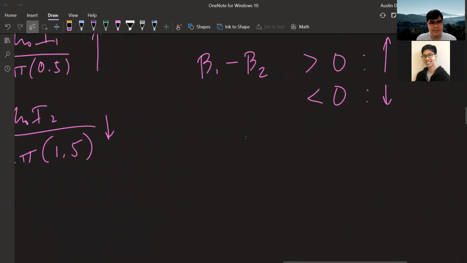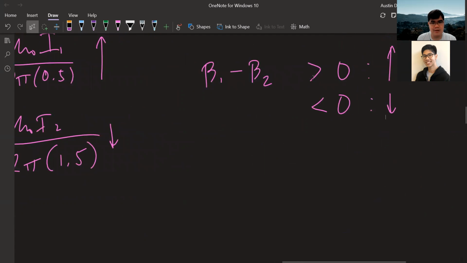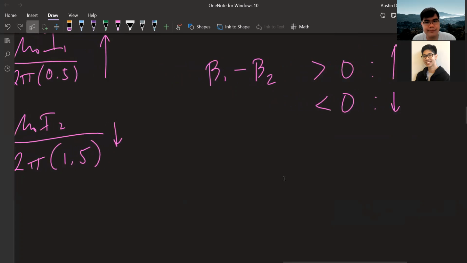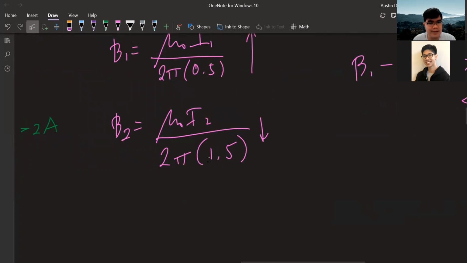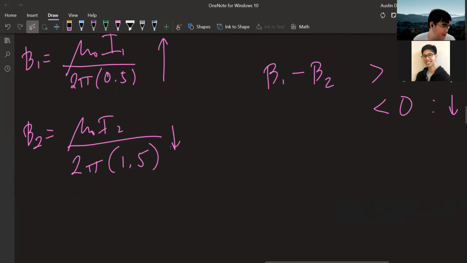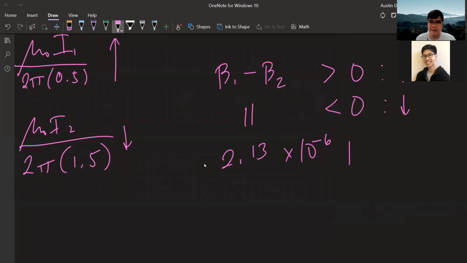So if you get a negative answer here, you take the positive of that and just say the direction is downward. However, this is upward, so you should get a positive here. So, B1 minus B2 is around 2.13 times 10 to some power, around this number, Teslas.